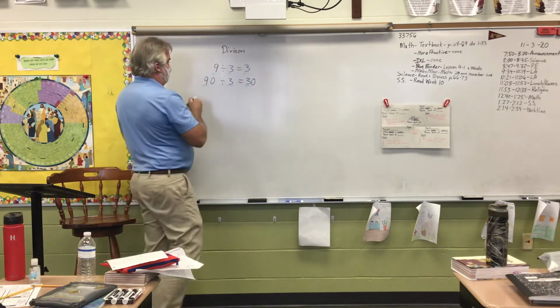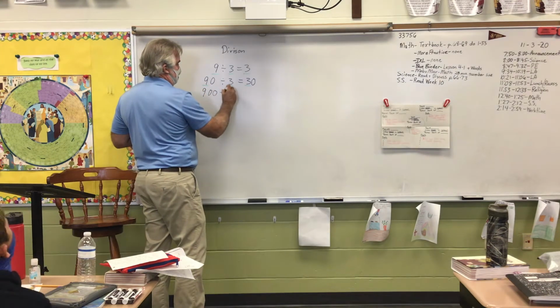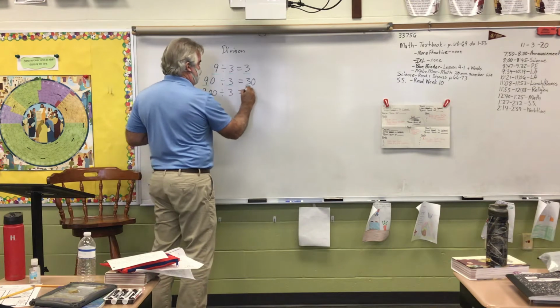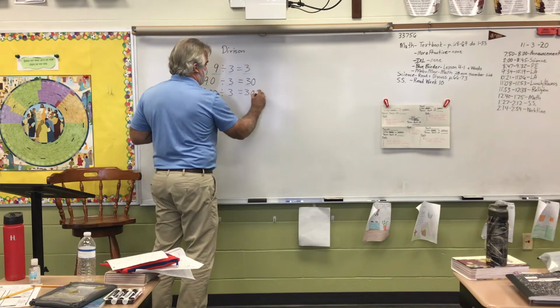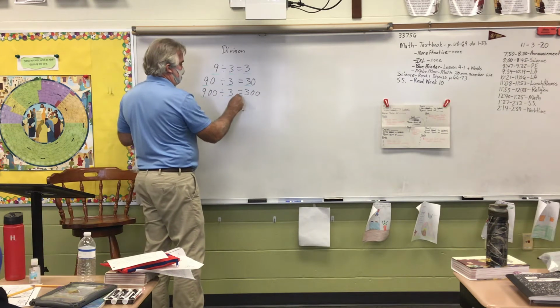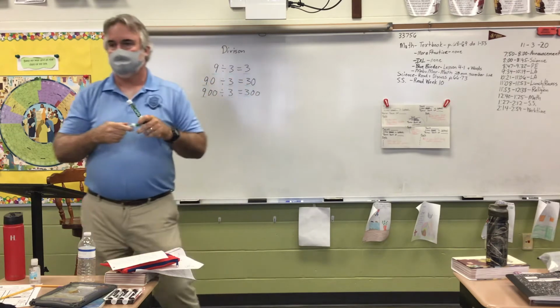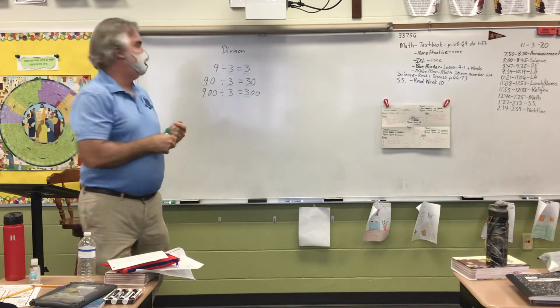All right? The next one, 900 divided by 3 equals 300. Now, what you see are the basic facts.